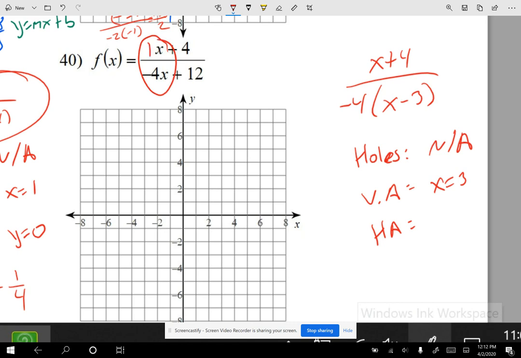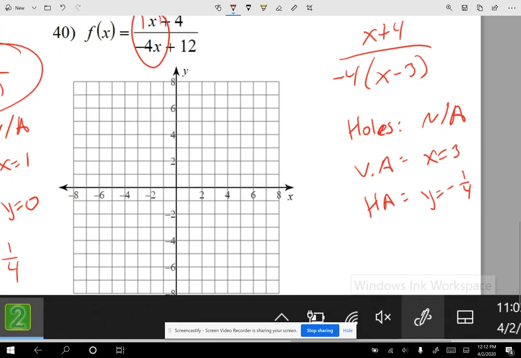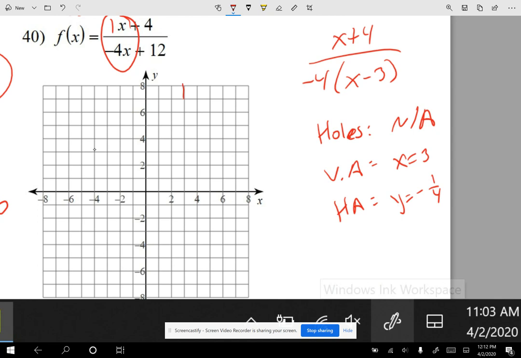The x values are the same, so my horizontal asymptote is the line y equals -1/4, just looking at the numbers in front of the x. So my vertical asymptote is the line x equals 3. My horizontal asymptote is the line y equals -1/4.